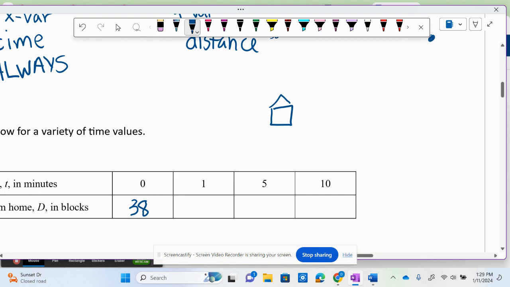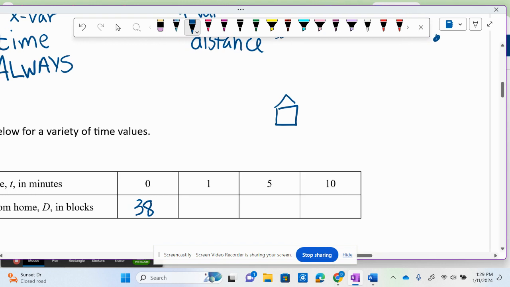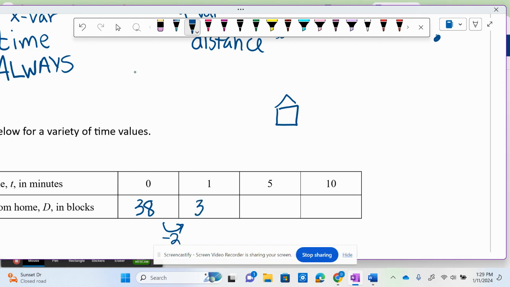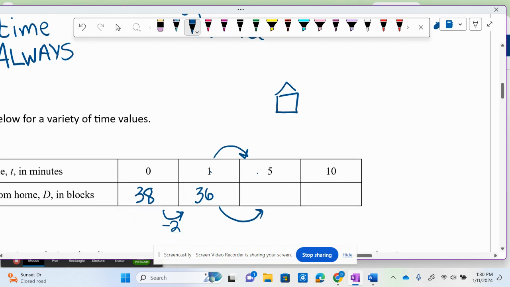After 1 minute, how far away from home am I? I'm 36. Yeah, for every minute, I'm subtracting 2. I'm getting 2 blocks closer. So this is 36. So what's the difference between 1 and 5? How many minutes did I walk? So I walked for 4 minutes, which means I'm going to subtract 8, because 2 times 4 is 8. 36 minus 8 is 28.